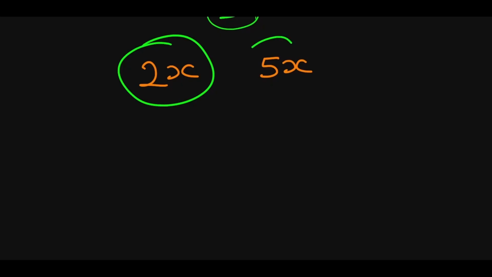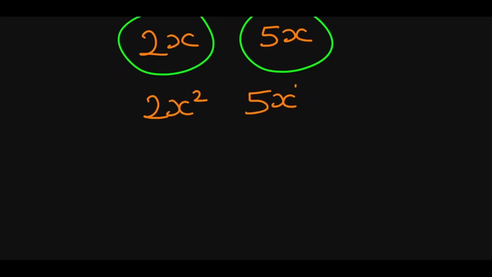Now just a quick recap before we go on. 2x and 5x are like terms. People who have watched lesson 1 know that this is correct. However, 2x squared and 5x are not like terms because one of the x has raised to power 2, the other one is just x, or x raised to power 1.